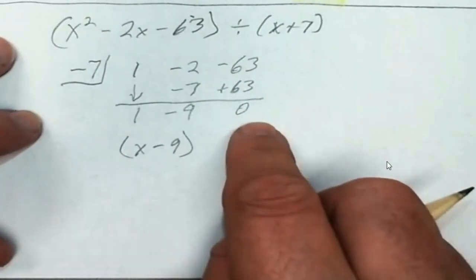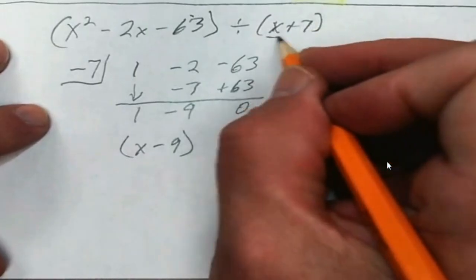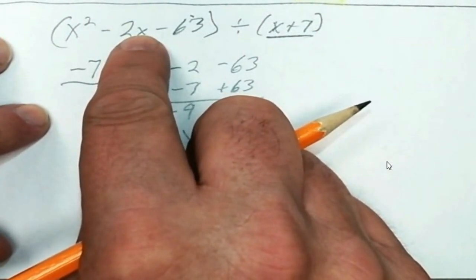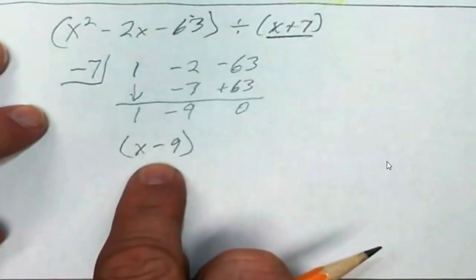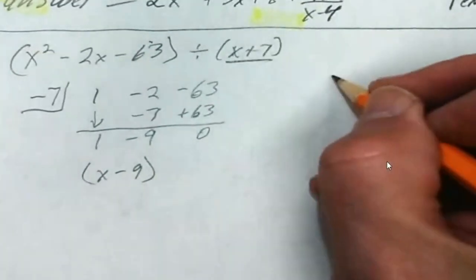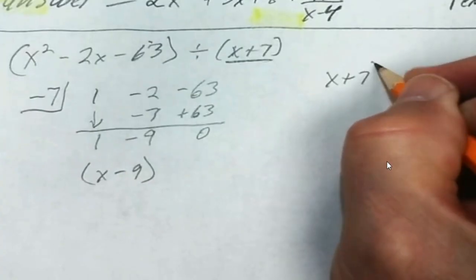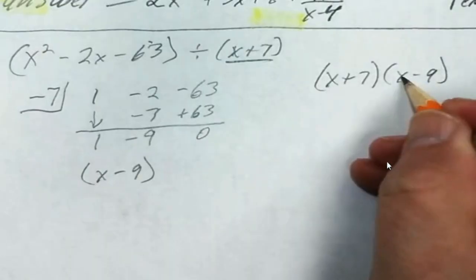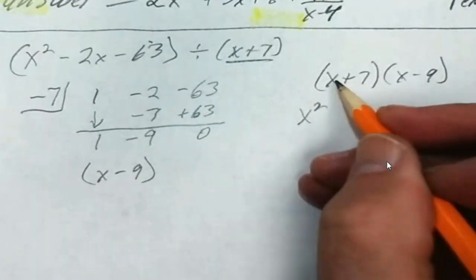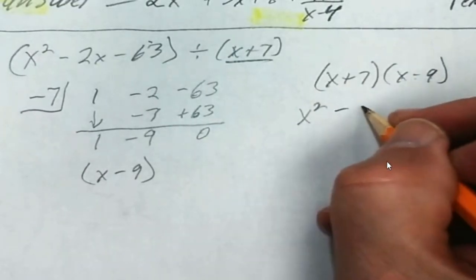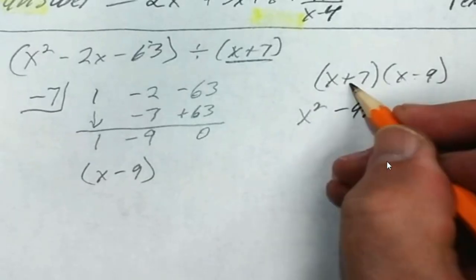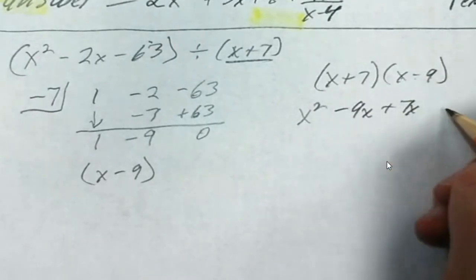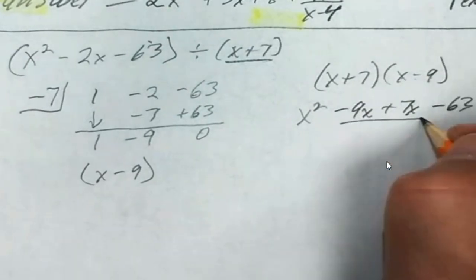So that means this is a factor of this. And guess what the other factor is? Here's the other factor. x plus 7 times x minus 9. x times x is x squared. x times negative 9 is negative 9x. 7 times x and 7 times negative 9, like terms.